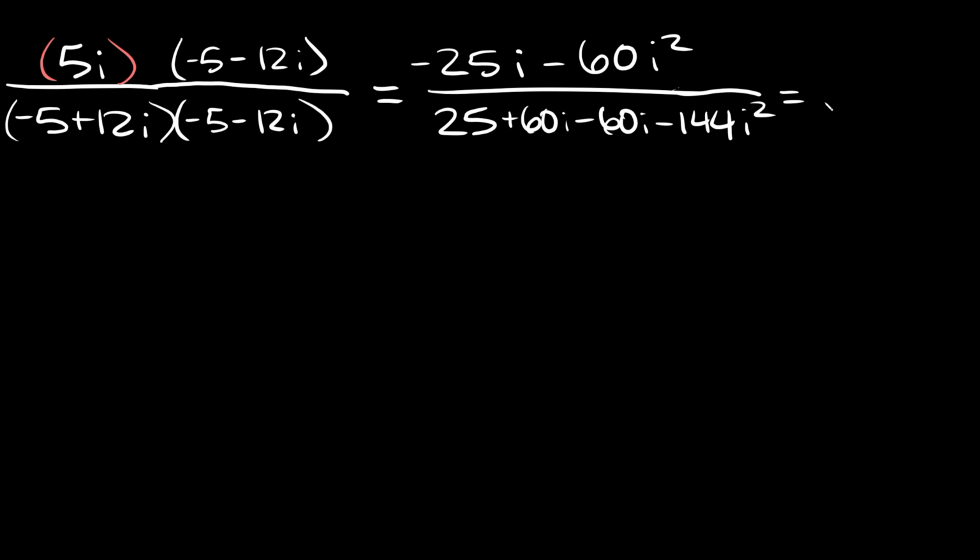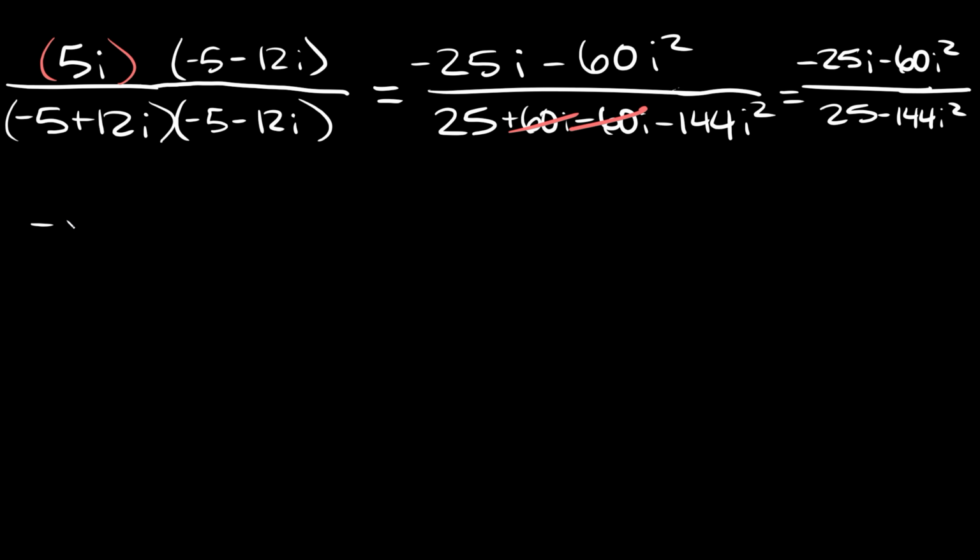All right, so this is going to be equal to, let's see, negative 25i minus 60i squared over, positive 60i and negative 60i cancel out, so we get 25 minus 144i squared. All right, so now we simplified that. Again, the last thing we have to do is just get rid of these i squared terms by plugging in a negative 1.